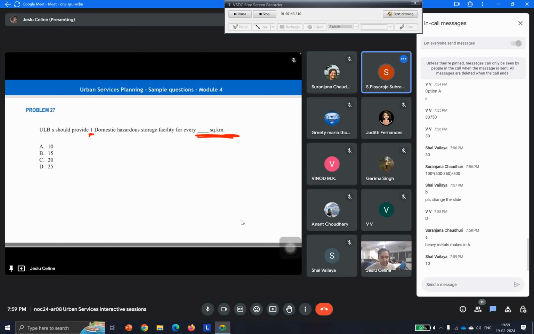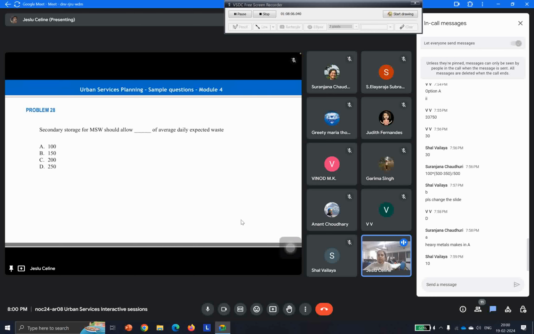Anybody else? Any difference of opinion? I think two people have said 10. Fine, but the answer is 20. It need not be very close. The answer is 20: one domestic hazardous facility for every 20 square meters. That's a standard.